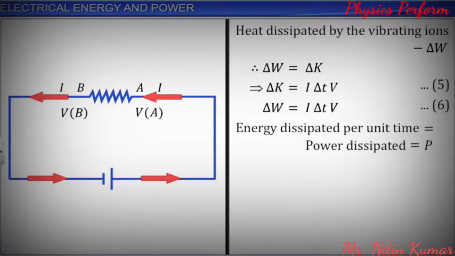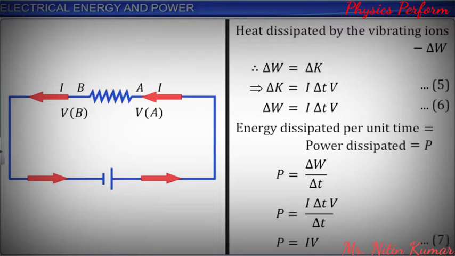The energy dissipated per unit time is termed as the power dissipated and is represented by P. Therefore, we can write P is equal to delta W by delta T. Substituting the value of delta W from equation 6 in the above equation, we get P is equal to I delta TV by delta T. On further simplifying, we get P is equal to IV.